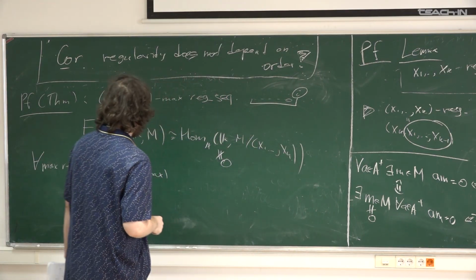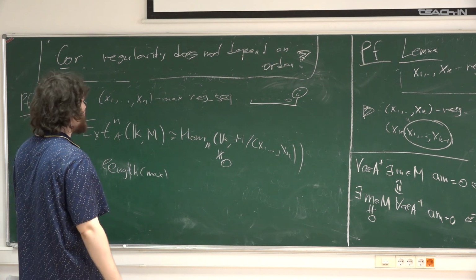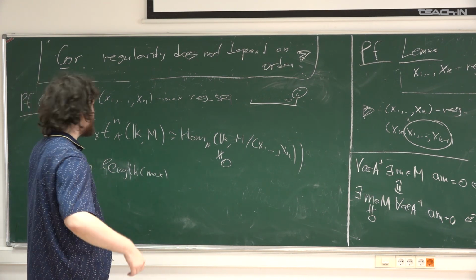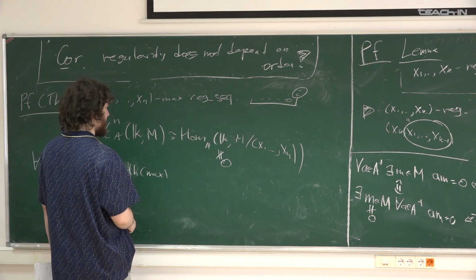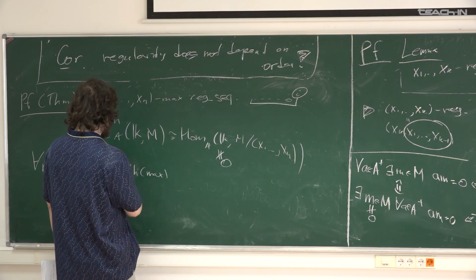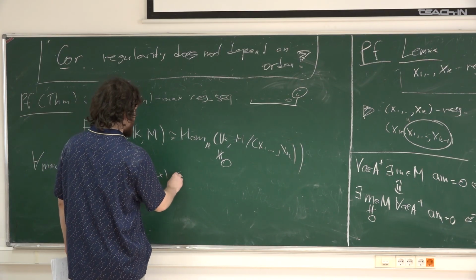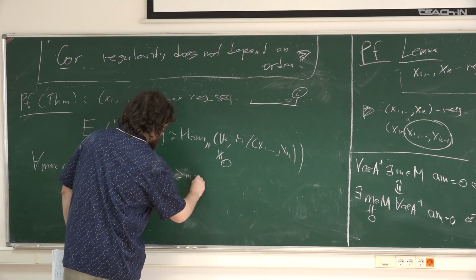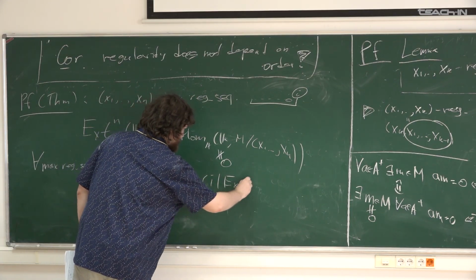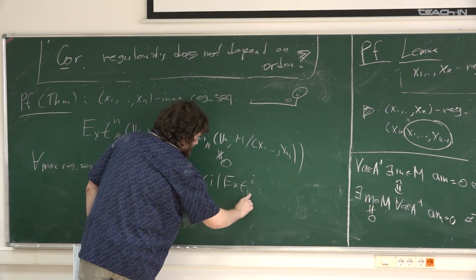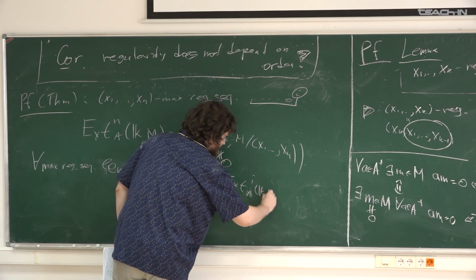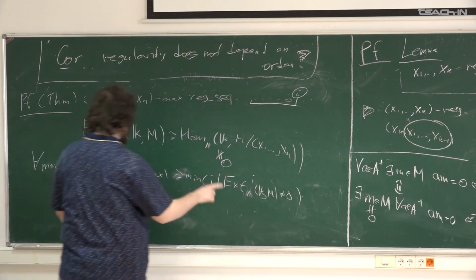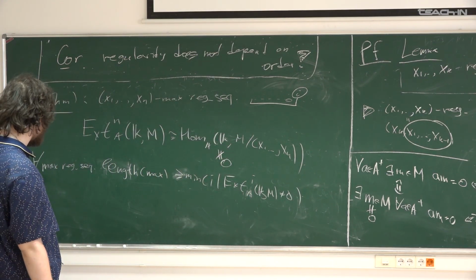This means that if I know that Ext^n is non-zero, then the minimal i is not greater than this number. So we obtain the length of a maximal sequence is at least this minimal i. Okay, we have checked this thing.